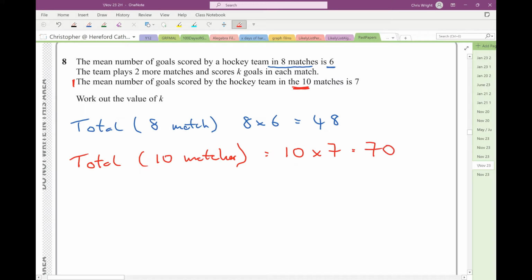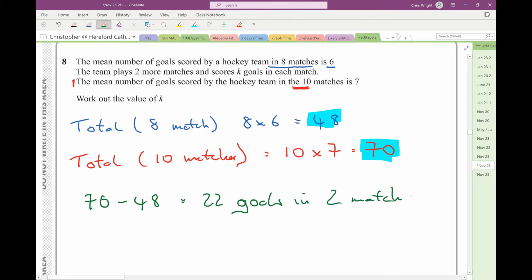So they scored 48 goals in the 8 matches, and then they had 2 more matches, and now they've got 70 goals. So how many goals did they score in those 2 matches? Well, 70 minus 48, right? What's that? So they must have scored 22 goals in the 2 matches.